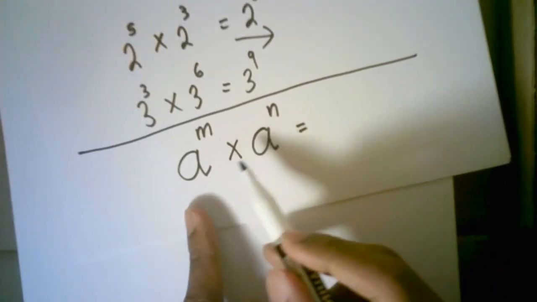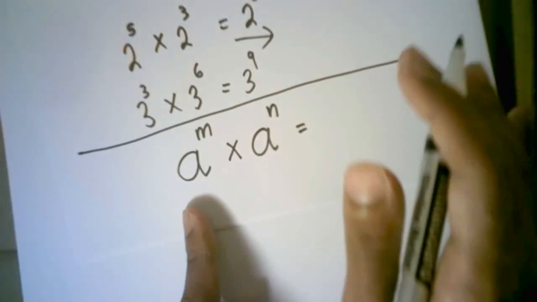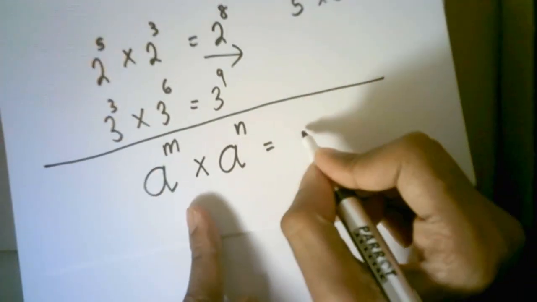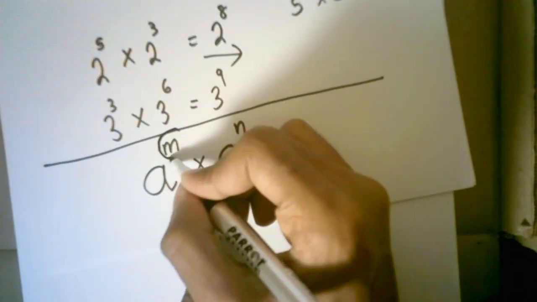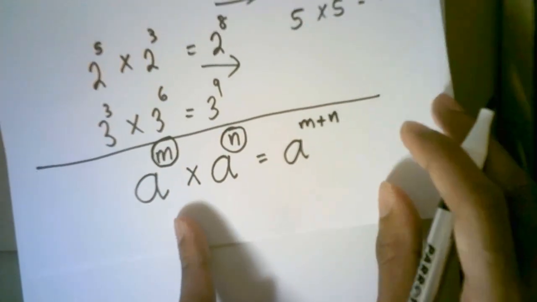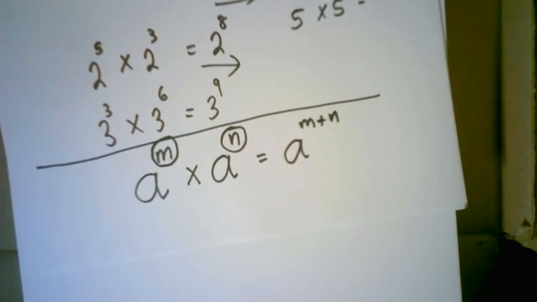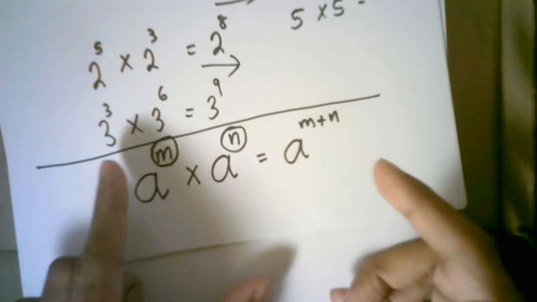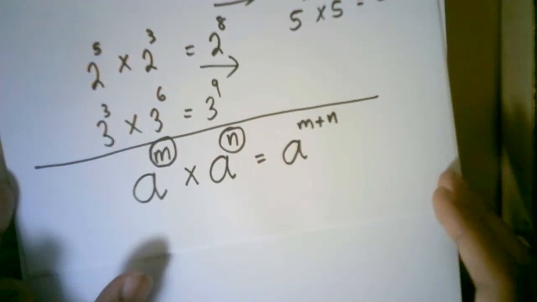Now, the common base is a, so we retain the common base a, and we simply add the exponents together. So a raised to the power of m times a raised to the power of n is equal to a raised to the power of m plus n. And this is known as the first law of exponents.